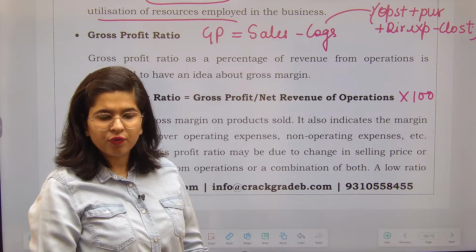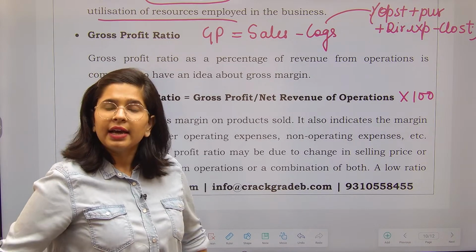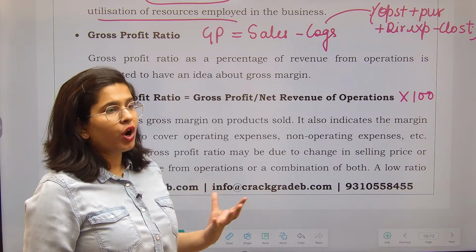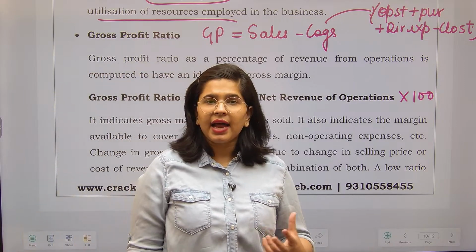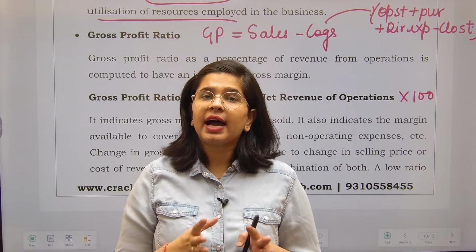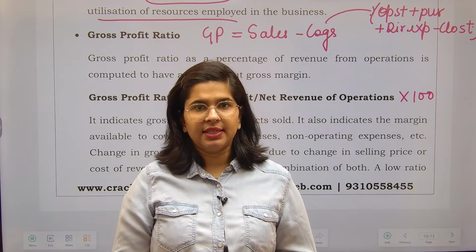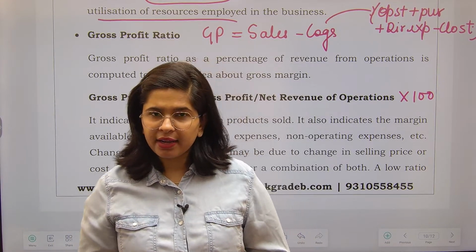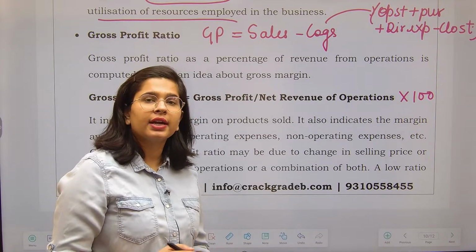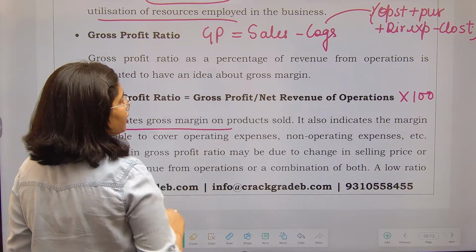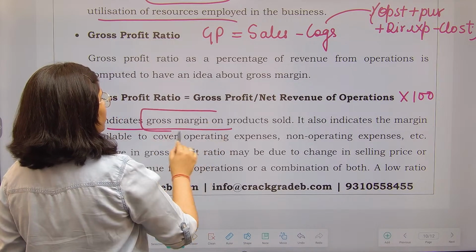This is how cost of goods sold is calculated, right? So this is how the calculation is done. Now gross profit indicates how profitable your business is when only direct expenses are deducted. Okay? Now in net profit we will deduct indirect expenses also, but in the gross profit we only deduct the direct expenses. See over here, it indicates the gross margin on the products sold.